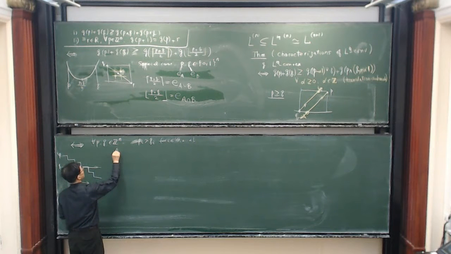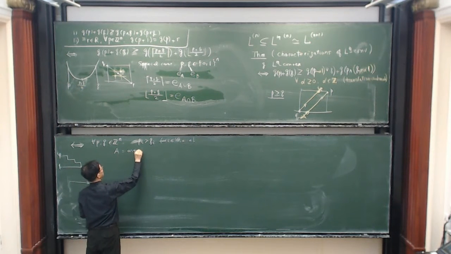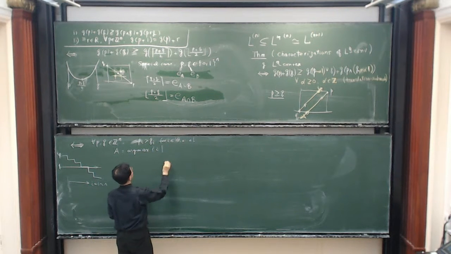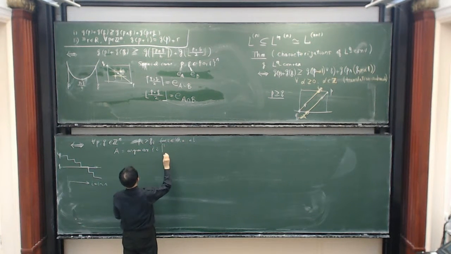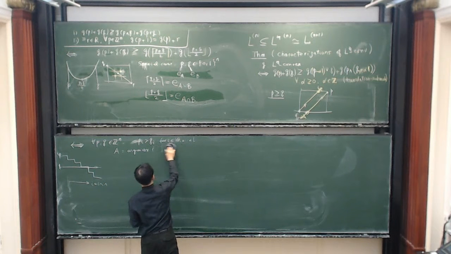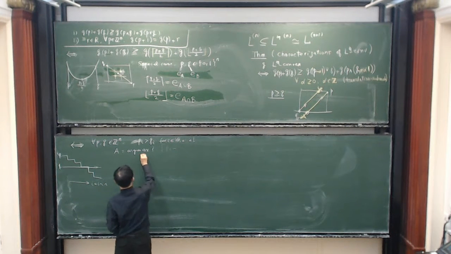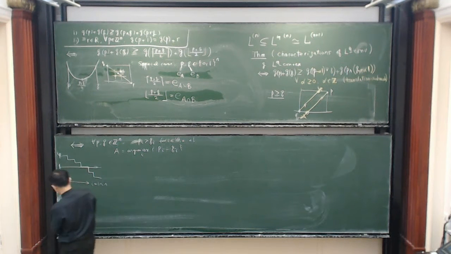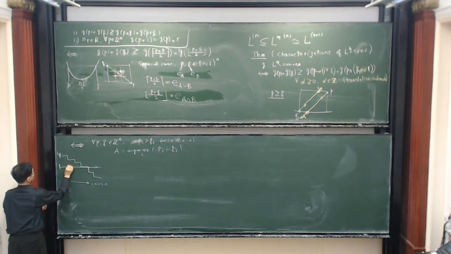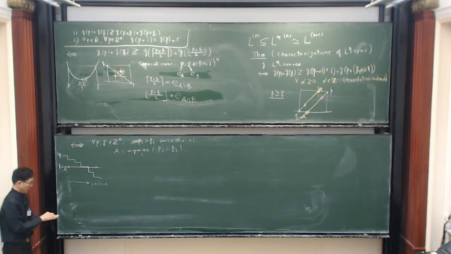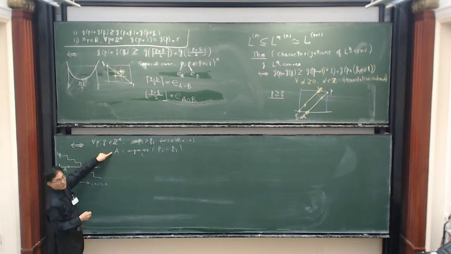Then call A the set of indices i such that Pi minus Qi is the max of P minus Q over i. So that in this picture, A is this set. Okay, and then this exists.